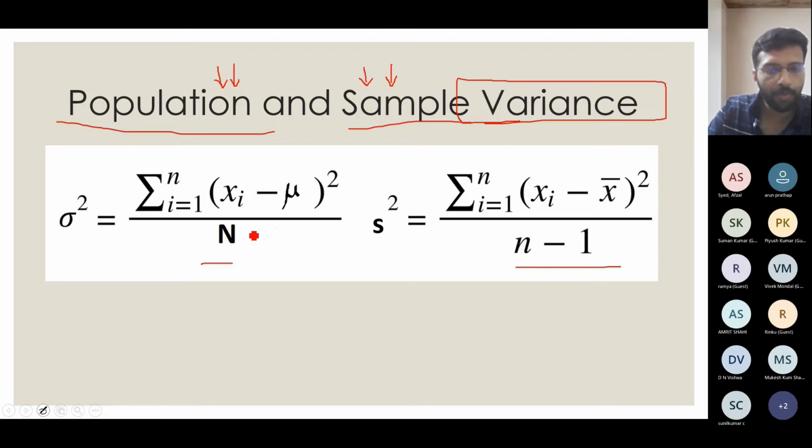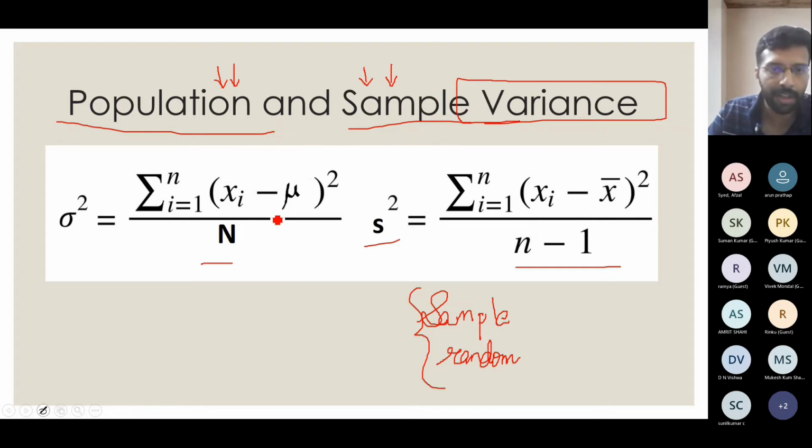You look out for the following things in the question: either sample or sampled or a subset or random. Suppose it is told that from a class of students, 20 students are chosen at random. If you get keywords like sample, random, etc. in the question, that means you are supposed to find the sample variance.